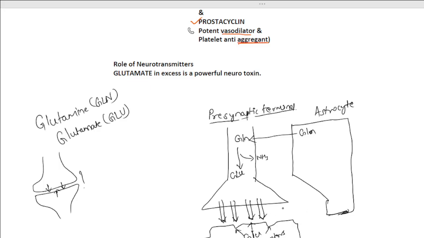This particular glutamate is again uptaken by this, so we will see this reuptake, okay, and the same glutamate is getting into the astrocyte, okay, a lot of glutamate, you can see that, right? And this glutamate again gets converted into glutamine. How?